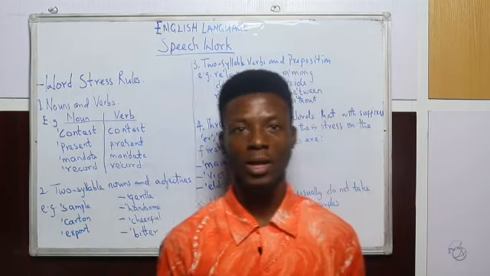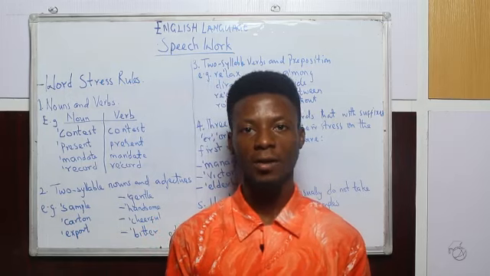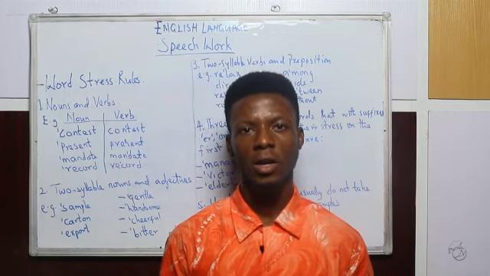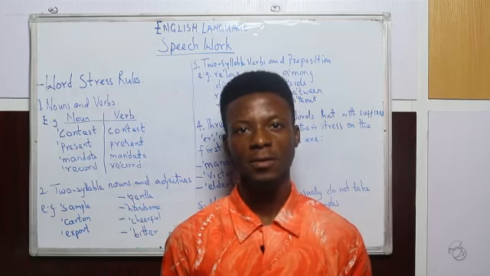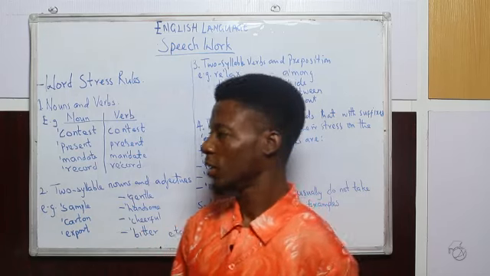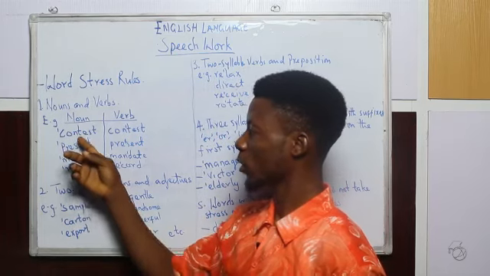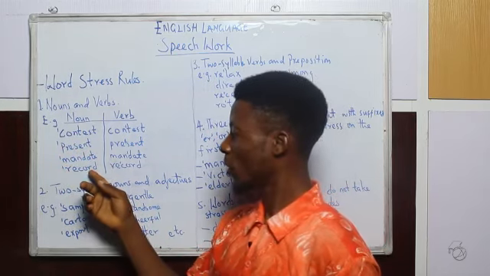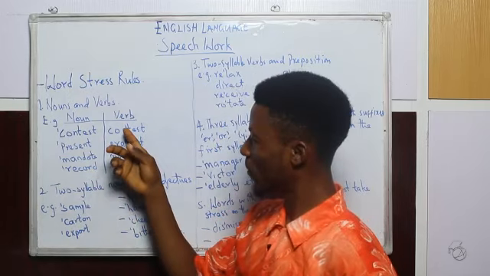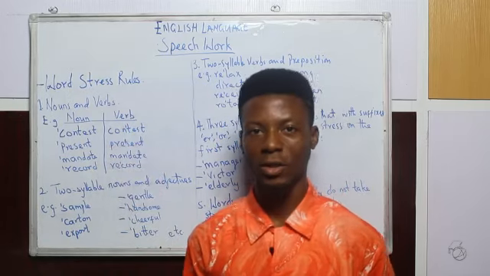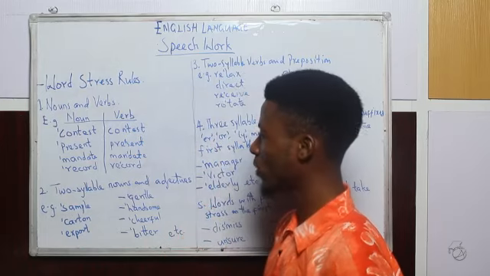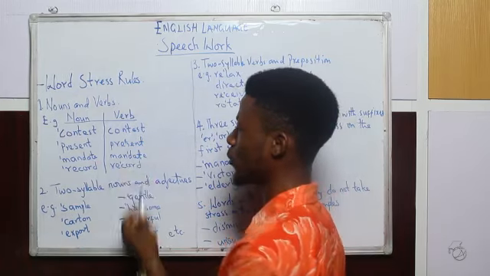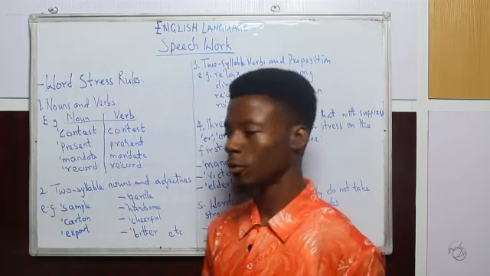Here we should note that words that have both noun and verb meanings have different stress patterns. Examples are contest, present, mandate, and record. Their verb form carries their stress on the second syllable, and note that the diacritic marks are indicated here to show us where the stress falls.